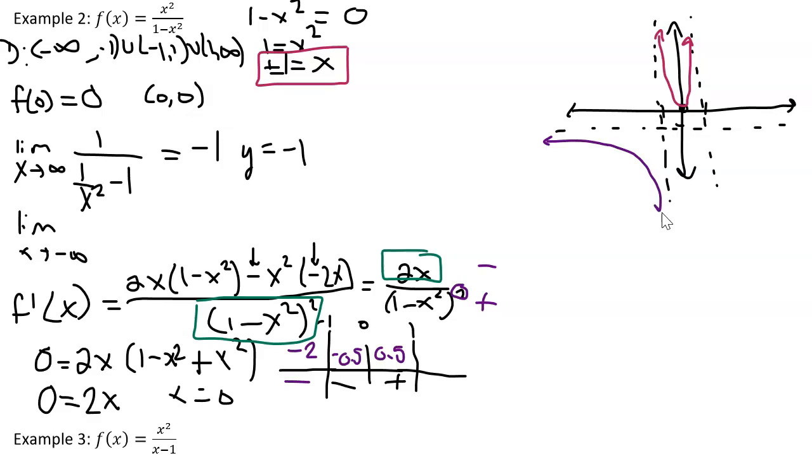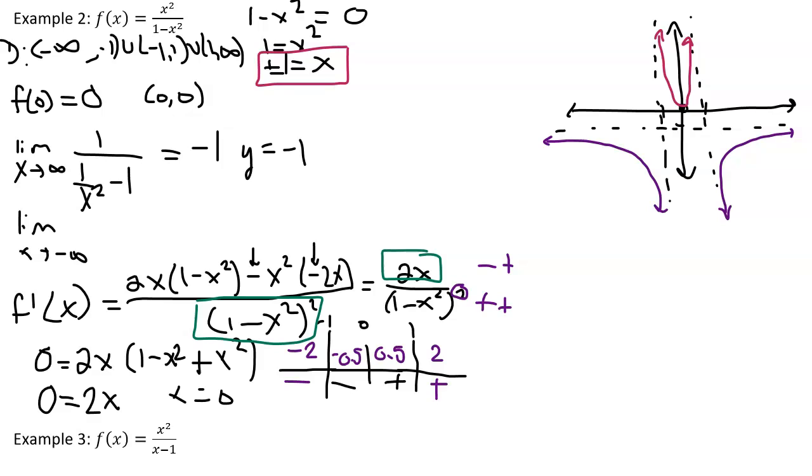And then on the other side, if I plug in positive 2, I'm going to get a positive in the numerator, a positive in the denominator, and I know that my function has to increase on the other side of the asymptote. Keep in mind I can't draw it up above because then it would be decreasing in order to approach its asymptotes. Let's take a look at where the inflection point is.